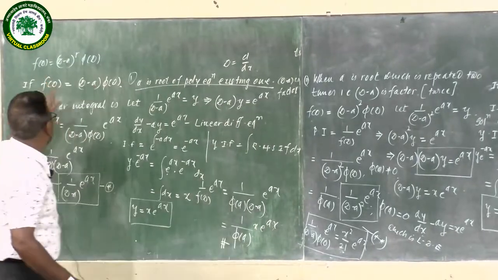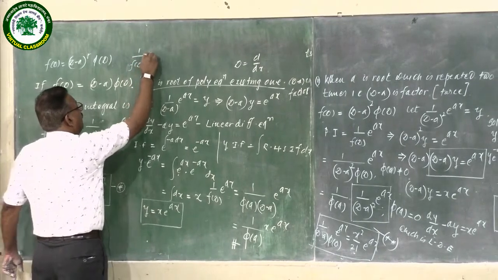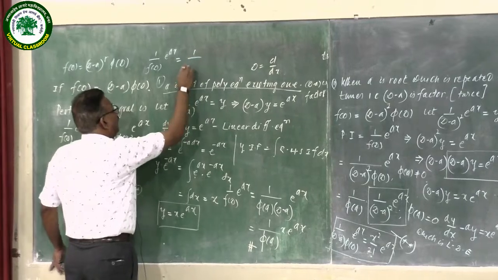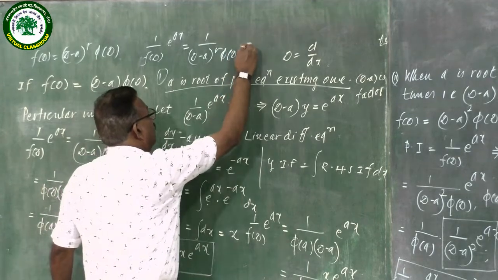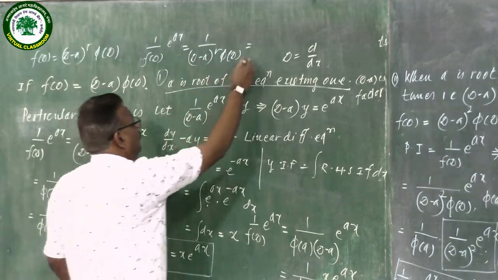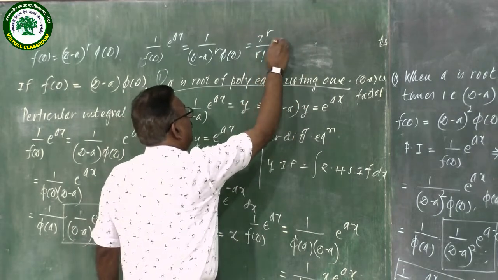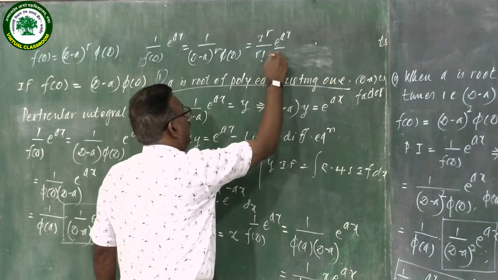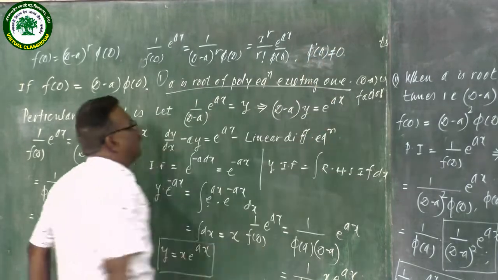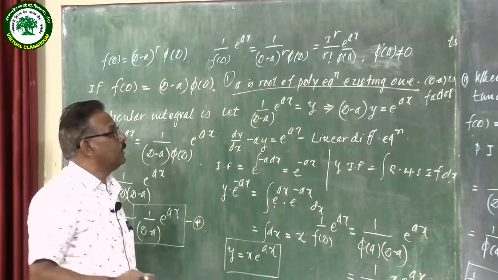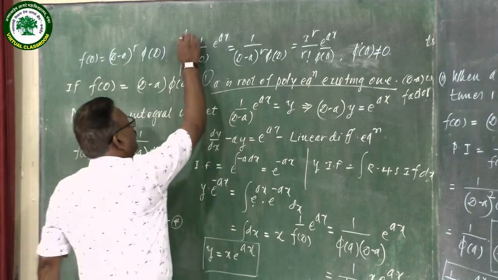When it is repeated r times, then the solution will be 1 over f of d e raised to x, which is equal to 1 over d minus a raised to r phi of d, and its solution will be, as this factor is repeated r times, x raised to r divided by r factorial e raised to x divided by phi of a, provided that phi of a is not equal to 0. That will be the general solution.